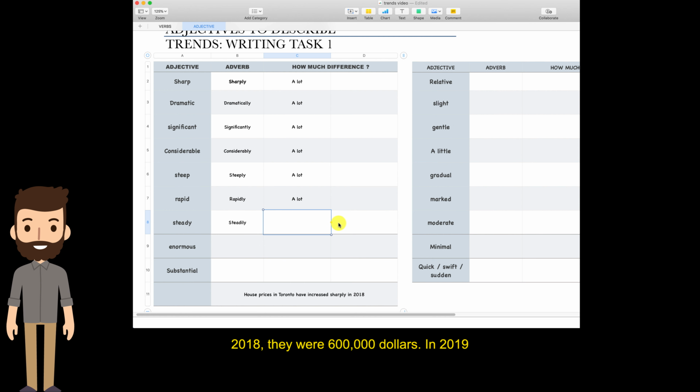In 2018, they were $600,000. In 2019, it was $700,000. So it's gone up step by step. So steady has this sort of step by step difference. It's not a lot. It's going up, but it's increasing step by step.